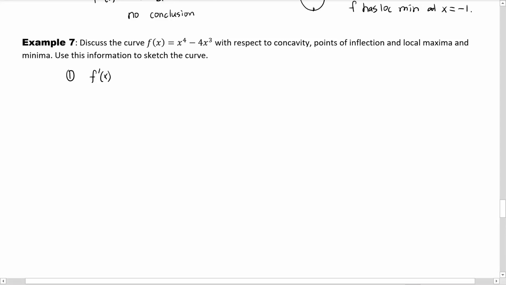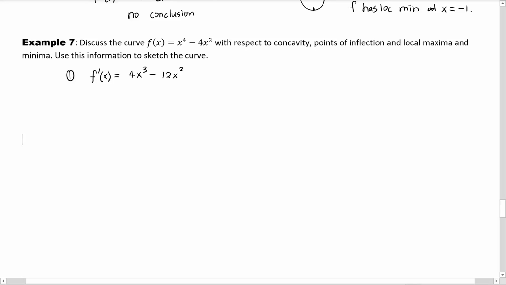So the derivative of x to the 4 is 4x cubed. The derivative of 4x cubed is 4 times 3, which is 12x squared. In the previous examples, we either found intervals of increasing or decreasing, or intervals of concave up or concave down.